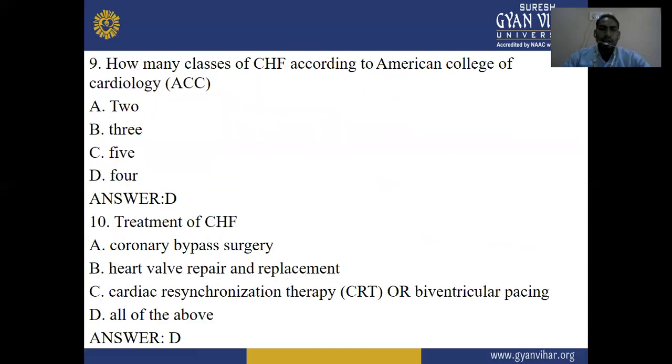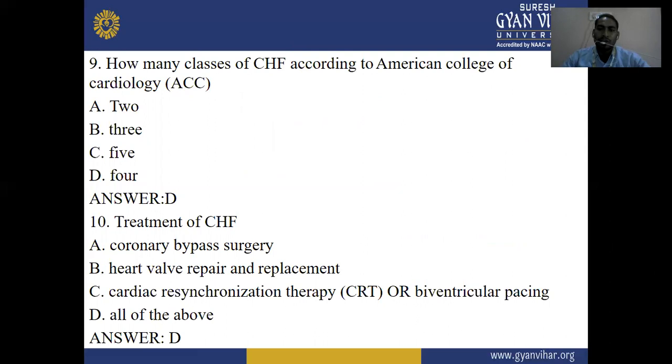Next question. How many classes of congestive heart failure according to the American College of Cardiology, ACC? ACC means American College of Cardiology.